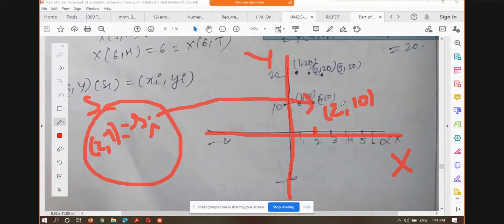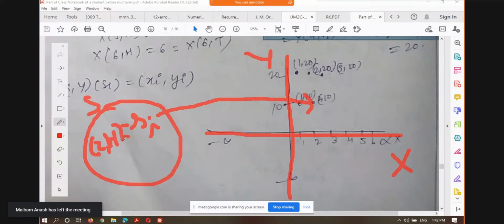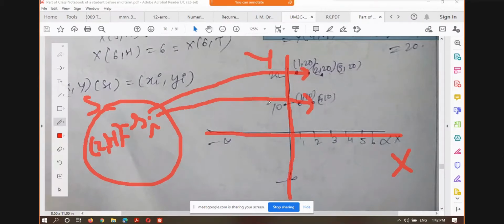So this sample point is mapped to (2, 10). Similarly, if you have 2 head instead of tail, then 2 head is mapped to (2, 20). So because we have two random variables, they take sample points to different points in the plane.